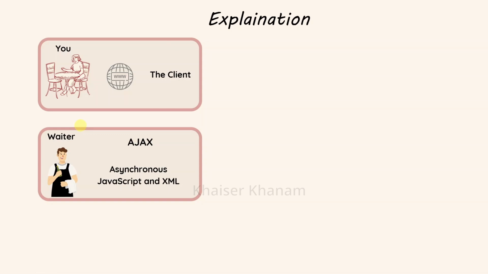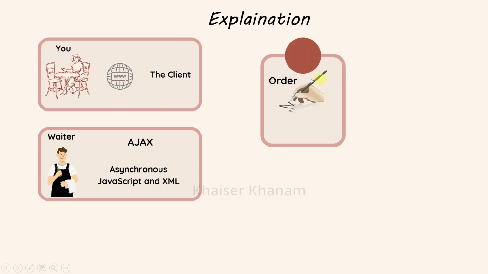AJAX stands for asynchronous JavaScript and XML. So here, I have given the order to the waiter and the waiter is nothing but AJAX. Until my waiter gets the food, I can do almost all the activities. And whatever order I have given, that is the request which I have made to the waiter.